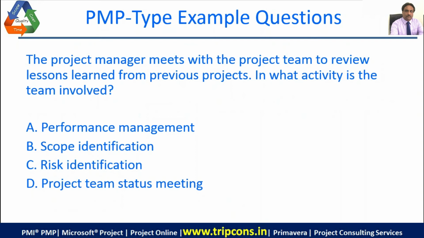C. Yes, actually it is risk identification, because any kind of mistakes that you made in the previous project, you can basically avoid in the current one. So risk identification is the thing. And as regards the scope, you might not always need the previous project archive.